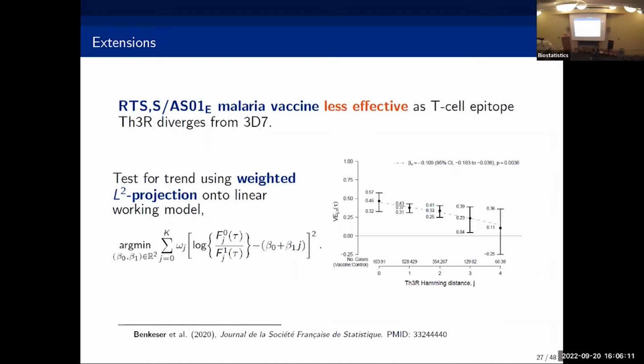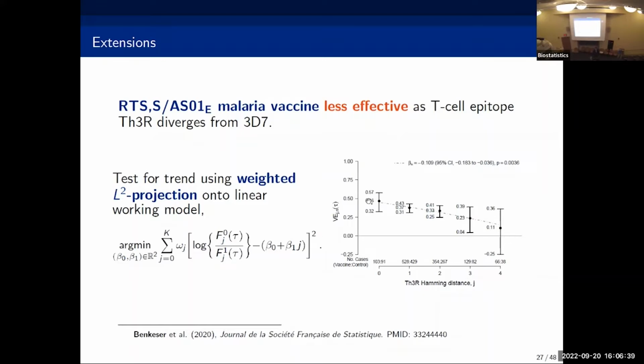And so to develop a statistical test for this, we proposed a linear working model on the log relative risk scale where we project that function onto a linear function and we test the slope of that linear model. So that's what's shown on the right, showing that perfectly matched 3D7 strains here had the highest efficacy. And as you add more and more red dots to that TH3R region, the efficacy falls off, and it falls off almost log linearly. And that's what this is showing here.